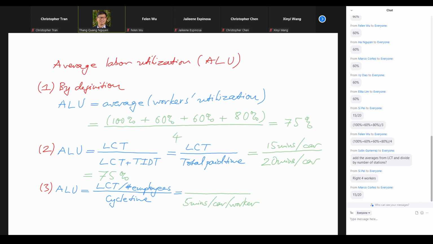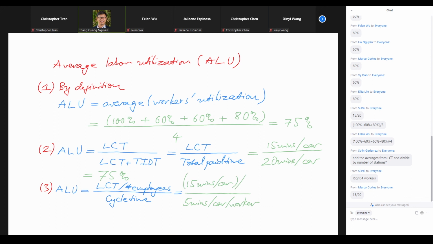The labor content is how much time is necessary for us to work on each car, and then we hire this many workers. So the labor content is divided among the workers, right? That's why we had the top equation. So we take 15 minutes per car. That's the required work time per car.